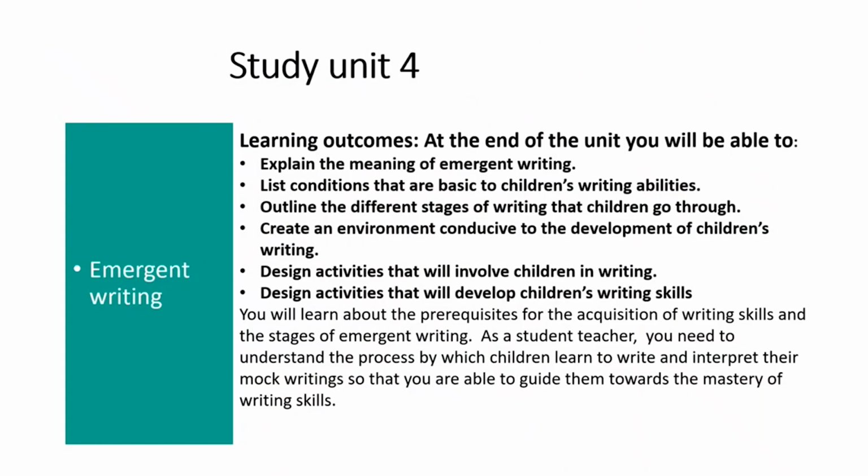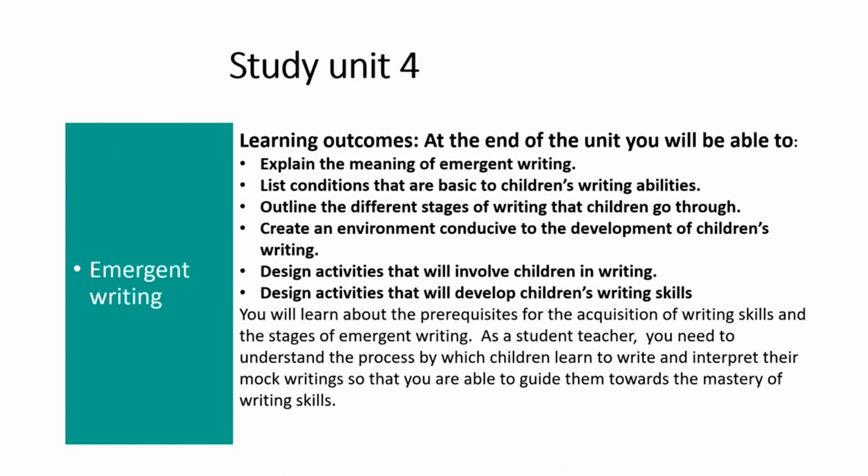Study Unit 4, the learning outcomes for this study unit: you will be able to explain the meaning of emergent writing, list conditions that are basic to children's writing abilities, outline the different stages of writing that children go through, create an environment conducive to the development of children's writing, design activities that will involve children in writing, design activities that will develop children's writing skills.